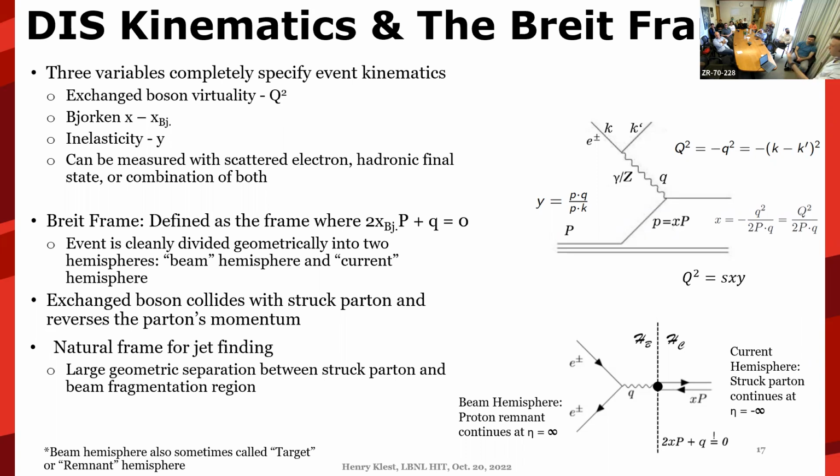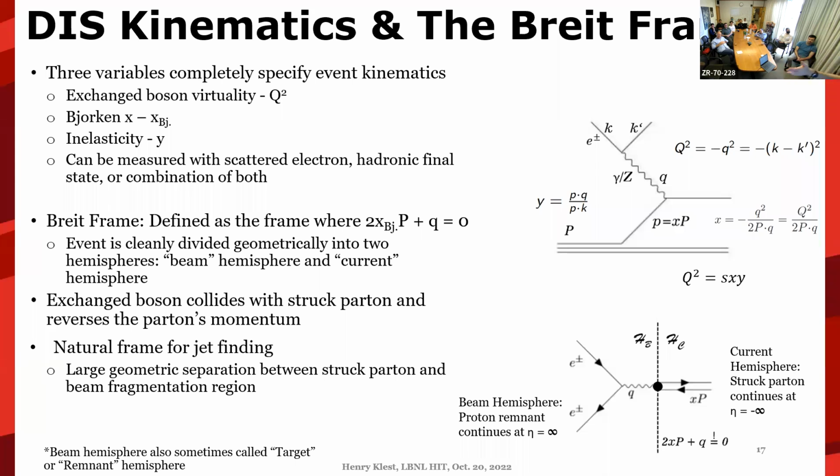At Born level, this basically corresponds to the frame where the proton continues. So the proton is coming at positive infinity in eta, in pseudorapidity, and the struck parton leaves at negative infinity in pseudorapidity. This is a somewhat natural frame for jet finding, because you have a large geometric separation between the struck parton and the beam fragmentation.